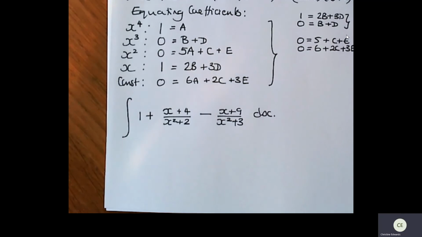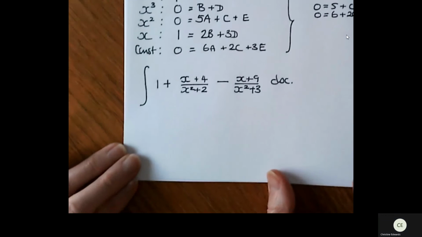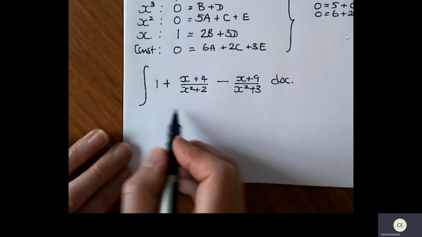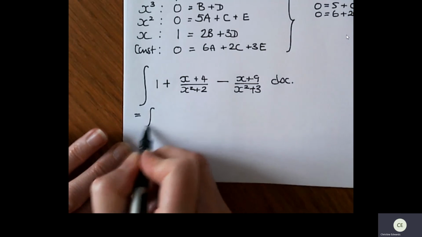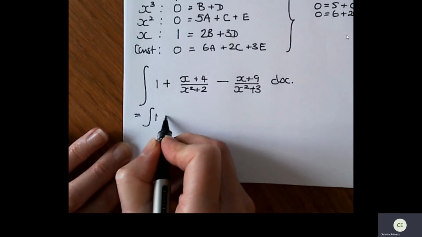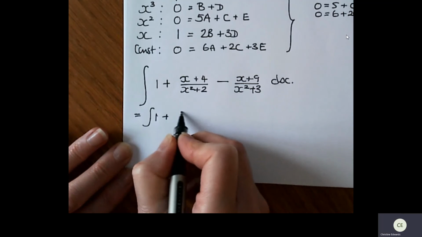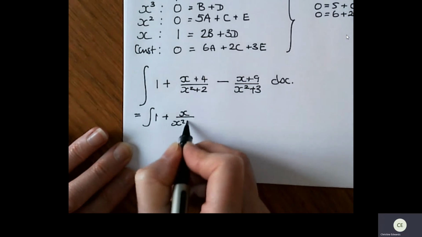And I now integrate those. I have methods for all of these. I need to split the fractions. So we have x over x squared plus 2.